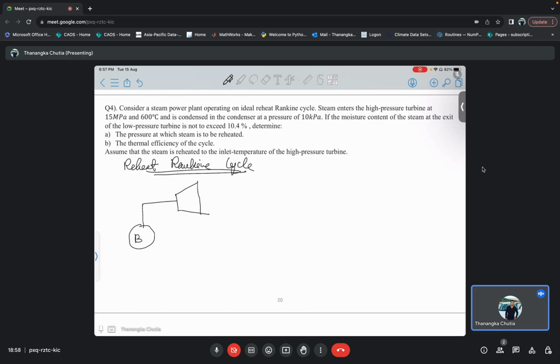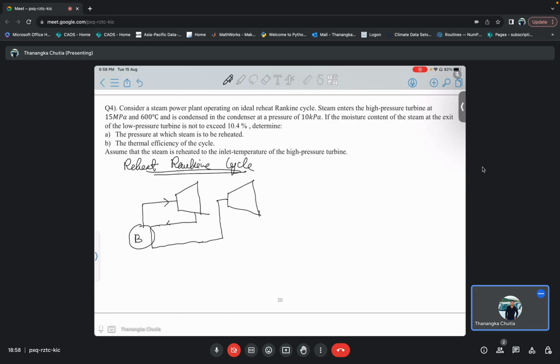So in reheat, what happens is that after the steam comes out, it is again reheated through the boiler, and again it is passed to another turbine.